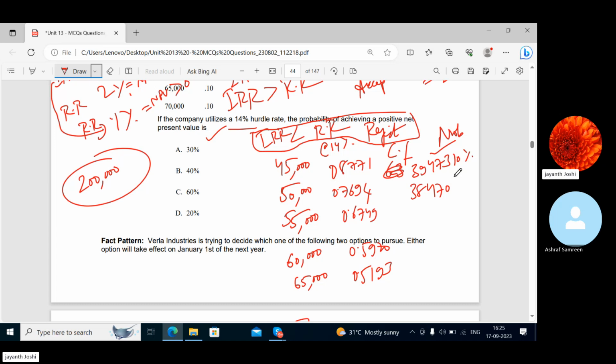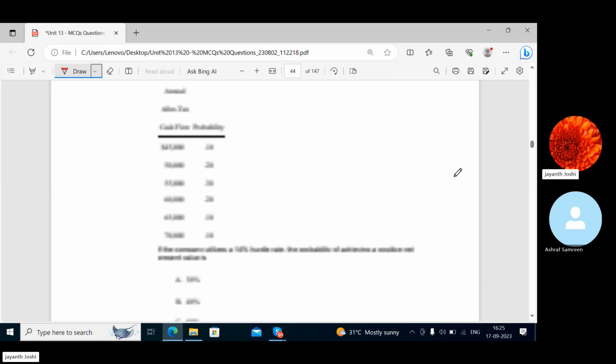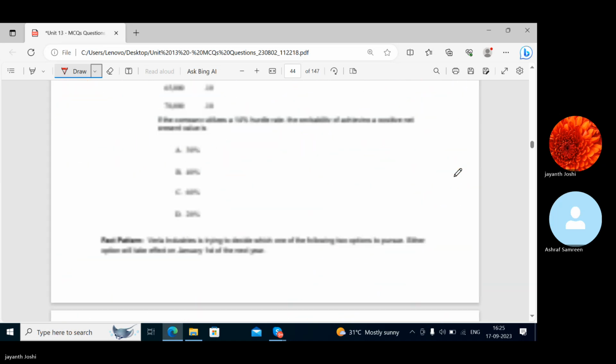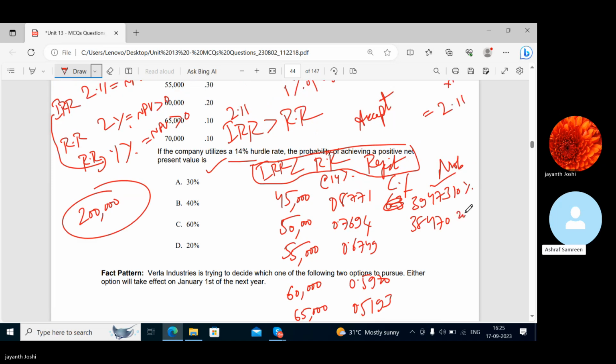So this is probability 20. So the 14% means 1 divided by 1.14. Just a second. 1 by 1.14. Yeah. 42,317.